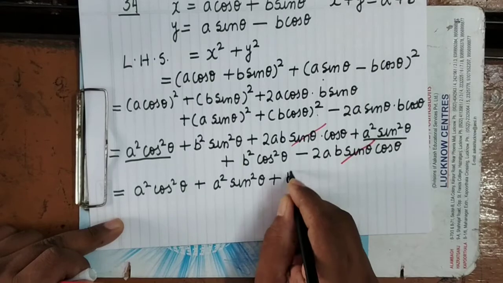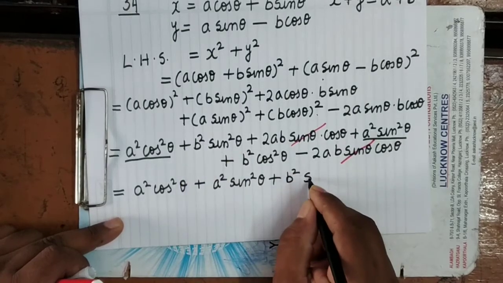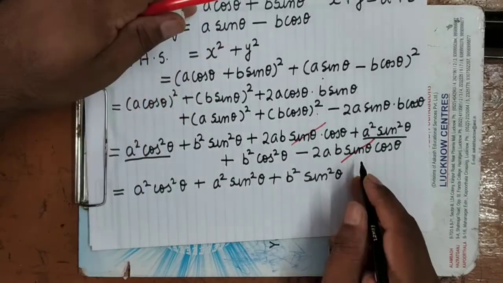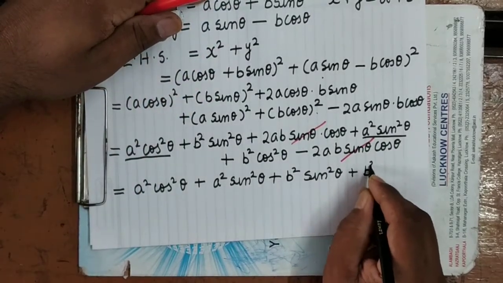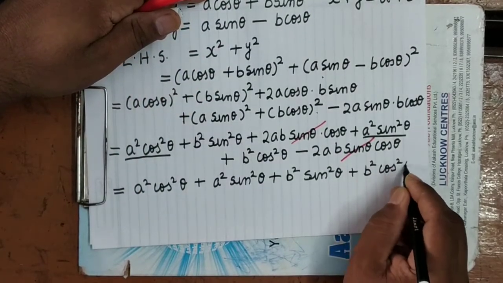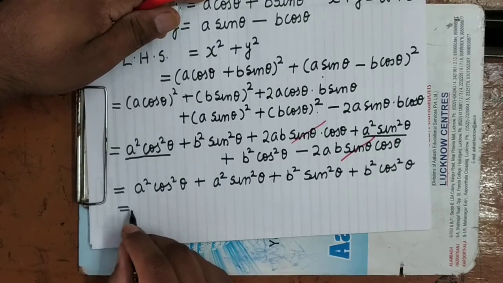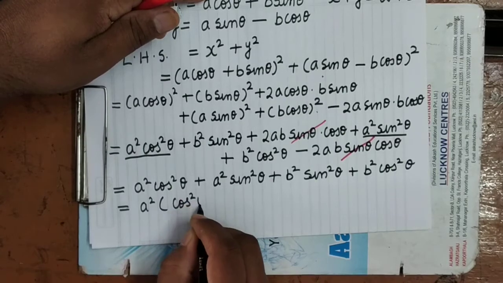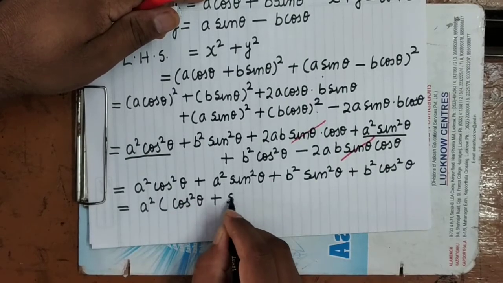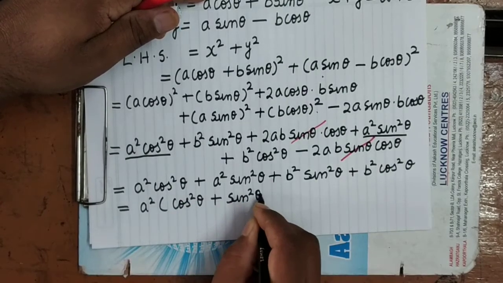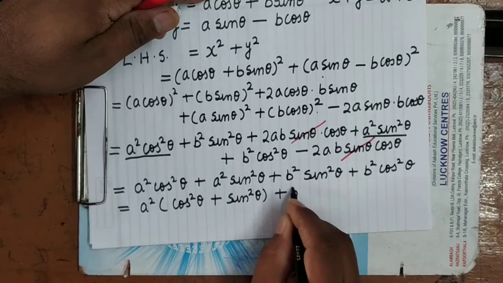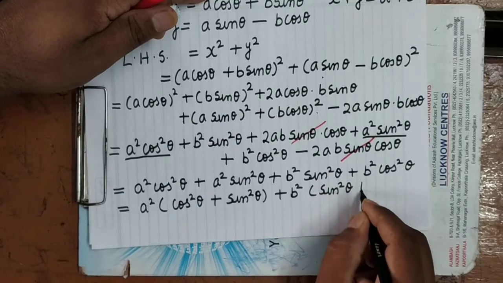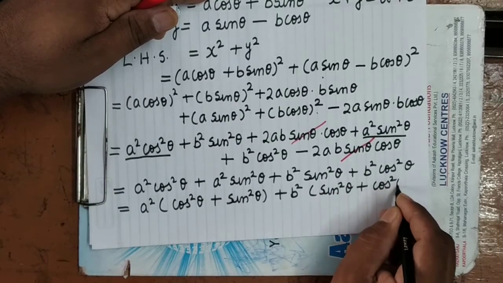So it is b square sin square theta, and another term here, b square cos square theta. So you take out a square common: cos square theta plus sin square theta, and b square common: sin square theta plus cos square theta.